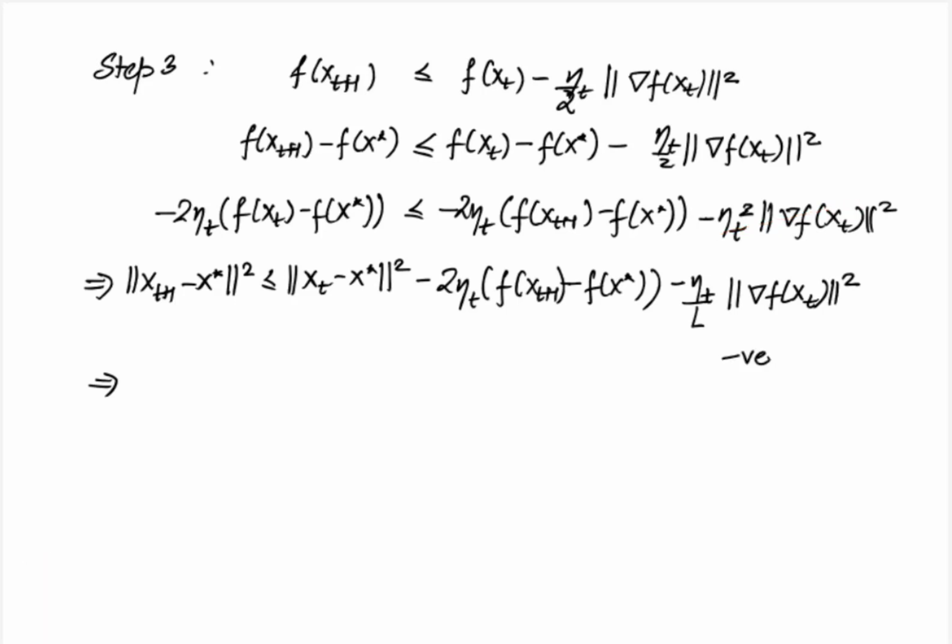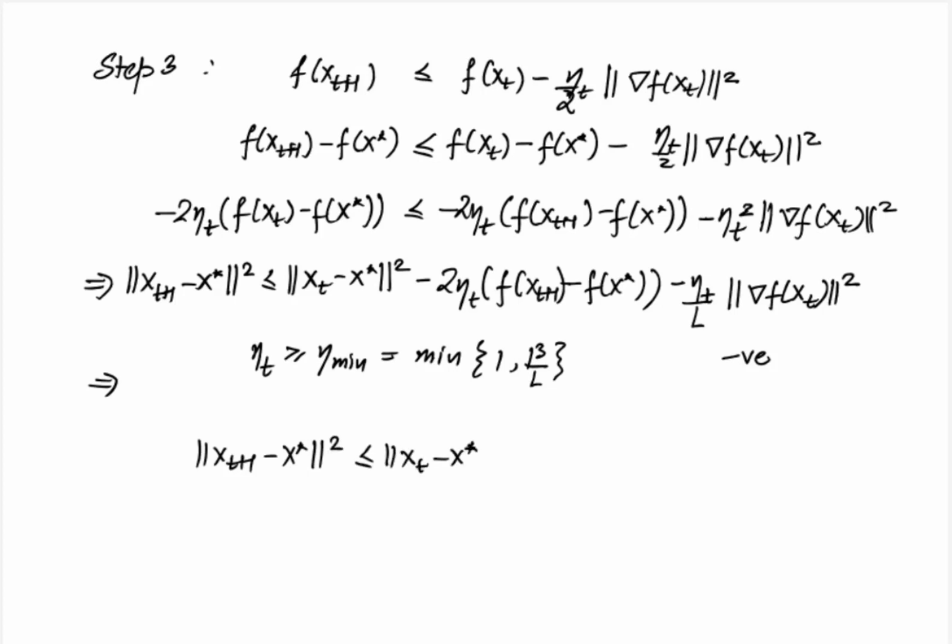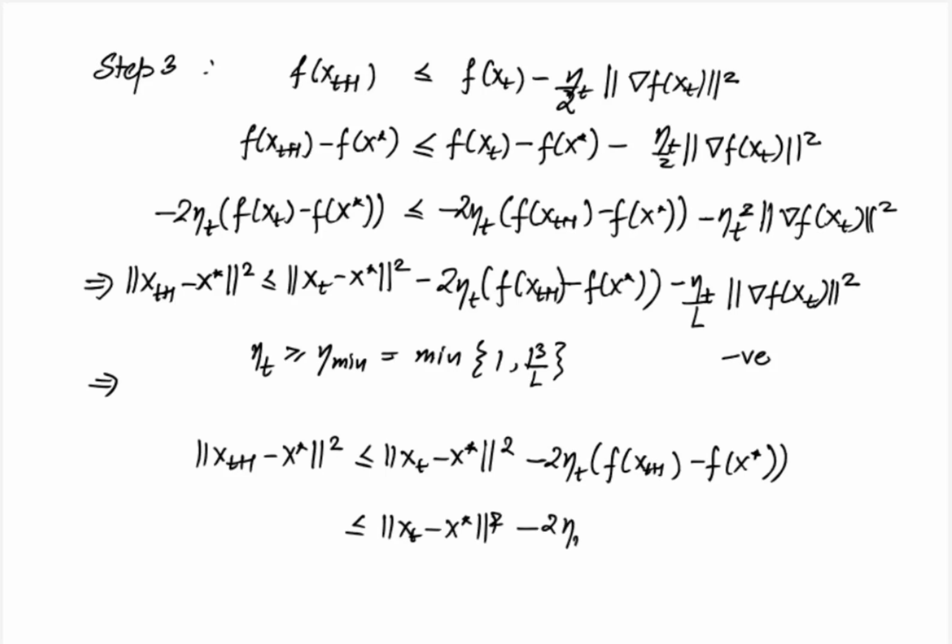So we drop the last term and then also use the bound eta t is greater than or equal to eta min, which is equal to min of 1 comma beta over L, so as to obtain ||xt+1 minus x star|| square less than or equal to ||xt minus x star|| square minus 2 eta t (f of xt+1 minus f of x star), where now we can bound minus eta t with minus eta min so as to get ||xt+1 minus x star|| square less than or equal to ||xt minus x star|| square minus 2 eta min (f of xt+1 minus f of x star).